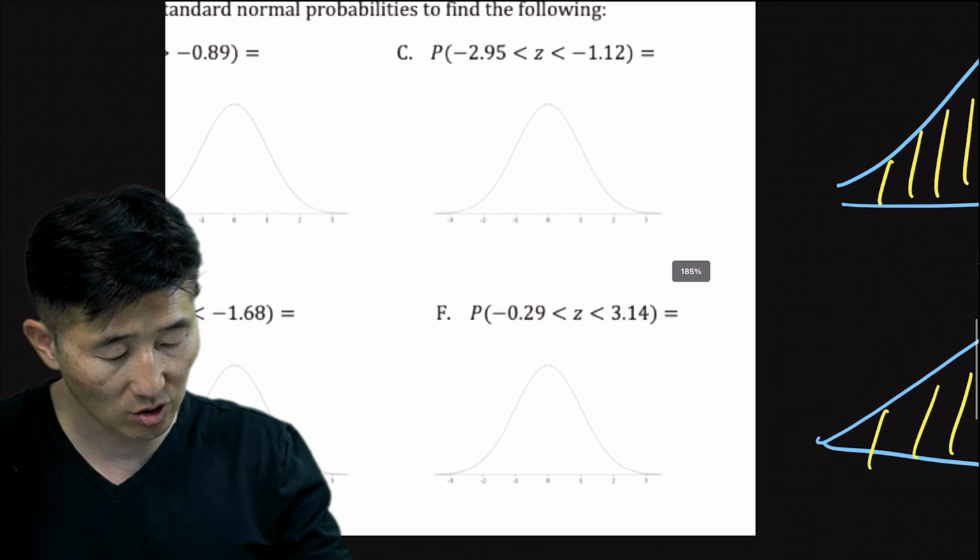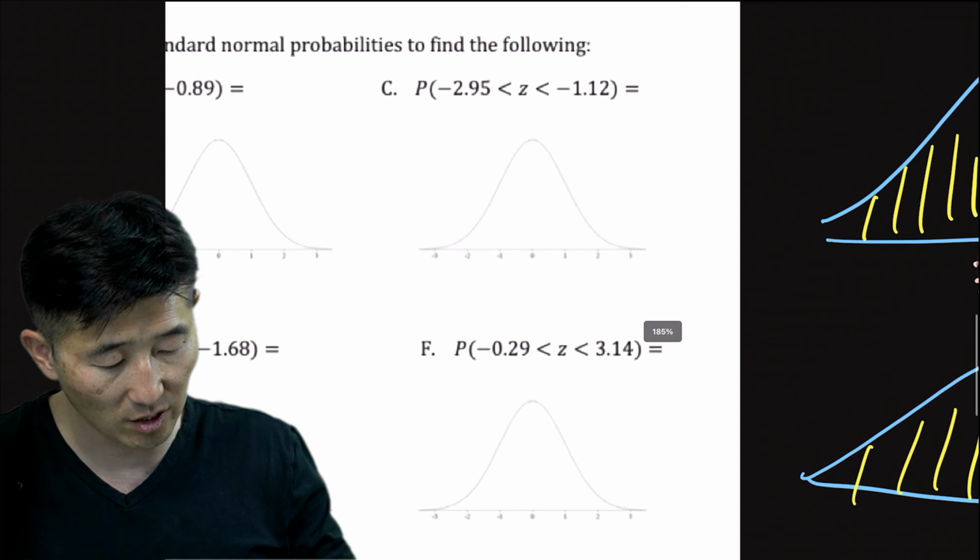So let's do letter F first. On your chart, the z-score is negative 0.29. If you go to negative 0.29, we're all the way over here. 0.3859, right? Yes.